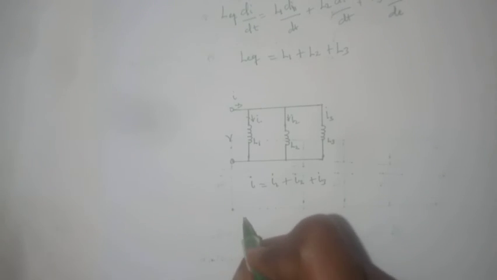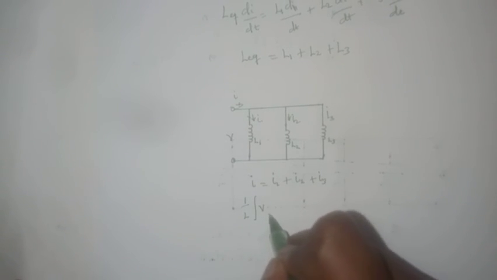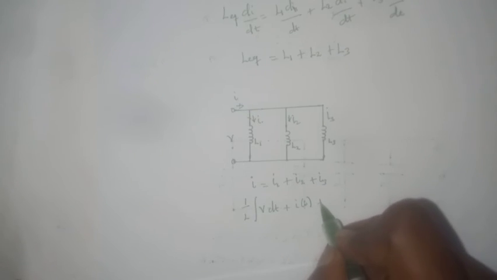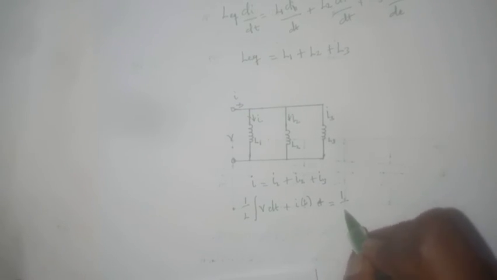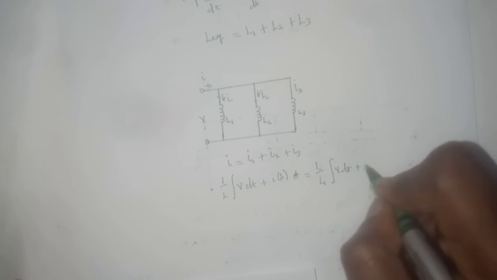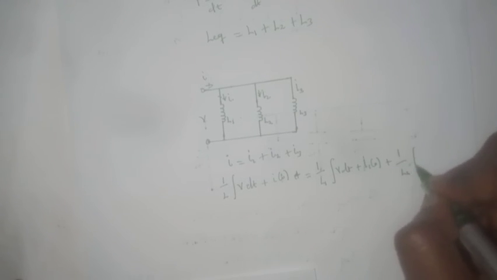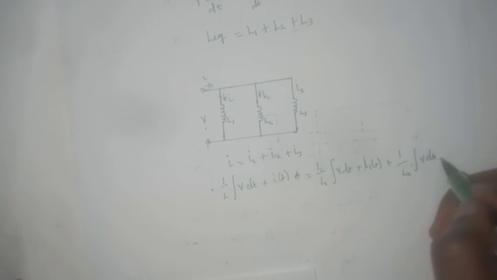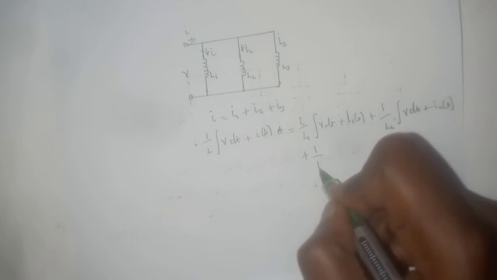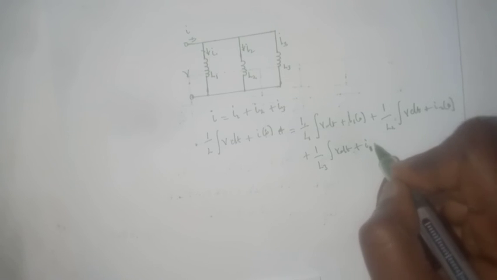So we can say that I equals 1 over L integral V dt plus I naught, which equals 1 over L1 integral V dt plus I1 naught, plus 1 over L2 integral V dt plus I2 naught, plus 1 over L3 integral V dt plus I3 naught.